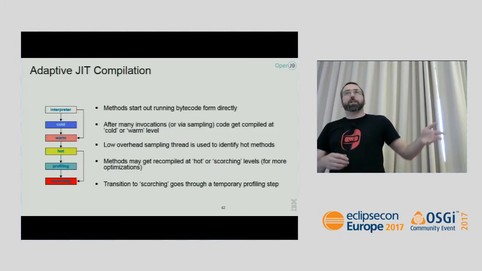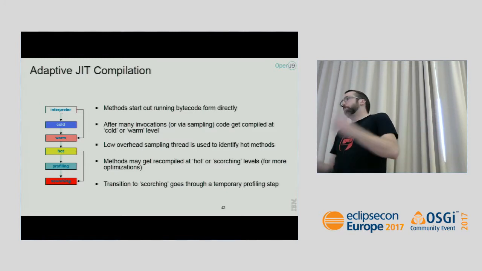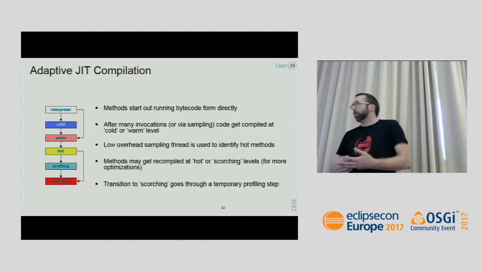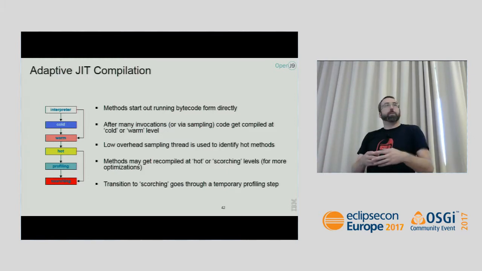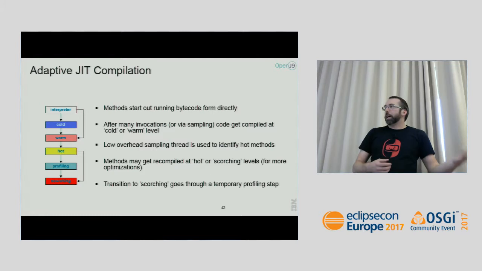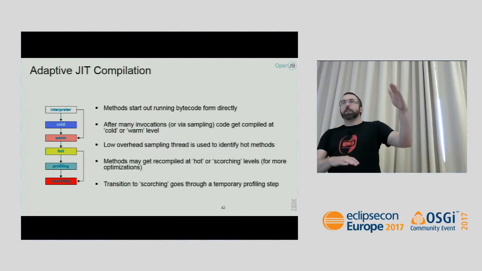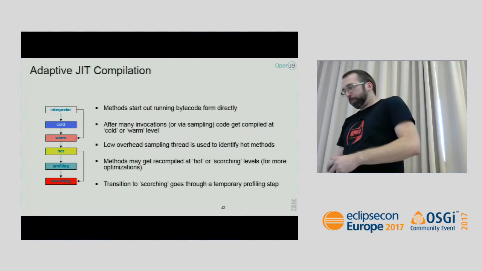Some of these transitions generate code that profiles when you execute it. For a short period of time, one of your methods will track all of the different ways that you branch throughout the code during execution, so that the JIT can recompile and make sure those paths are all in line together.